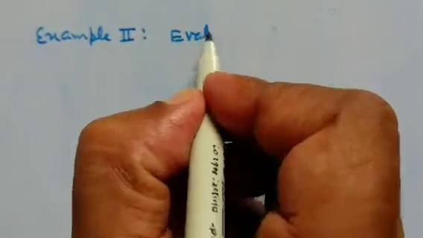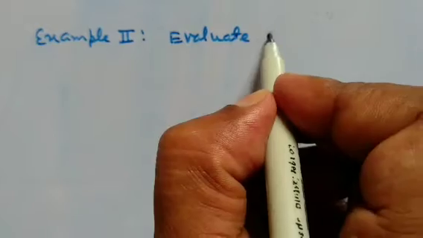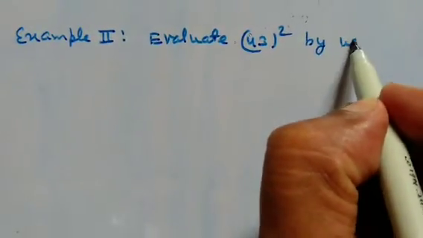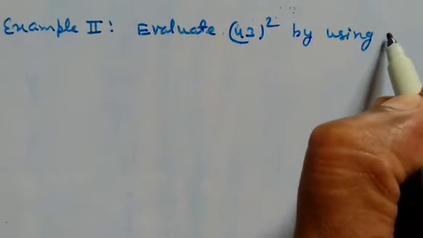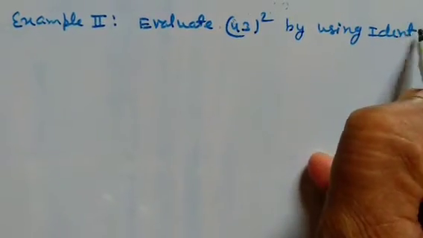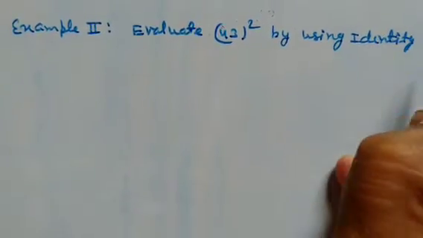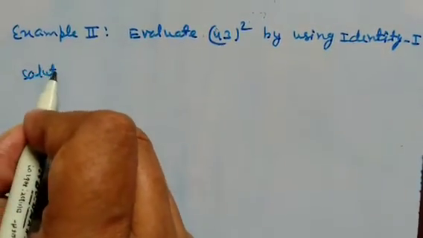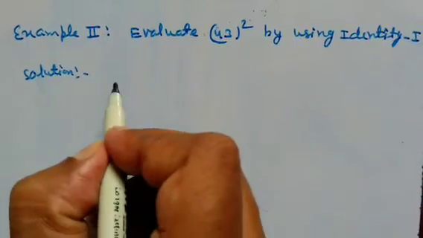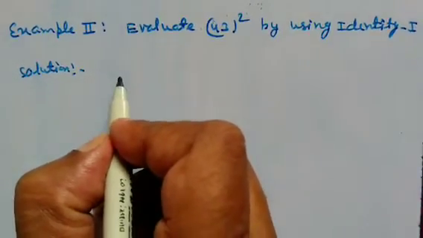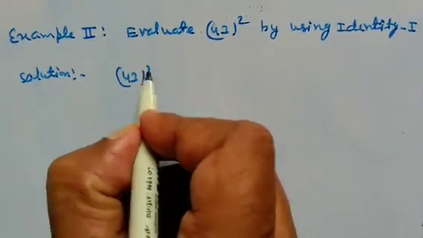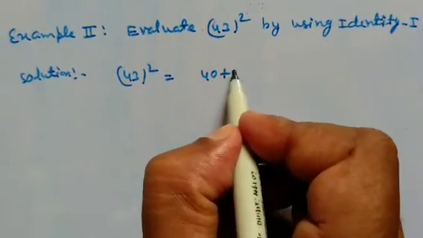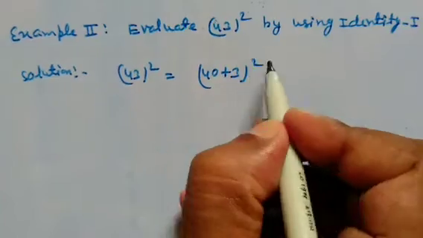Now example 2. Evaluate 43 square using identity 1. Solution. At first we split 43 into two parts such as (40 plus 3) whole square.